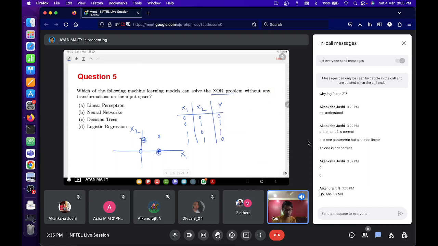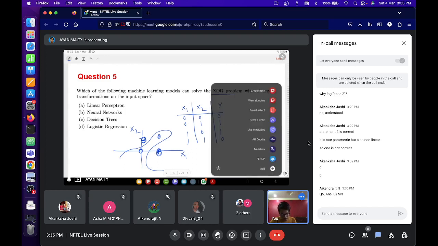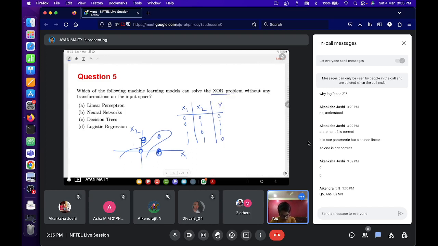These points are not linearly separable, as you can see. These are the two 0 points and these are the two plus points. You cannot separate these two sets of points using linear separators. You have to create a separator like this, or you might also create something like this. This can also separate, but linear separators are not possible for this.